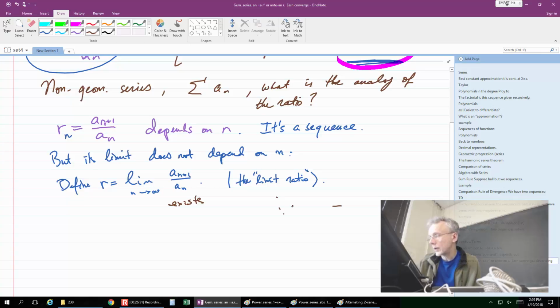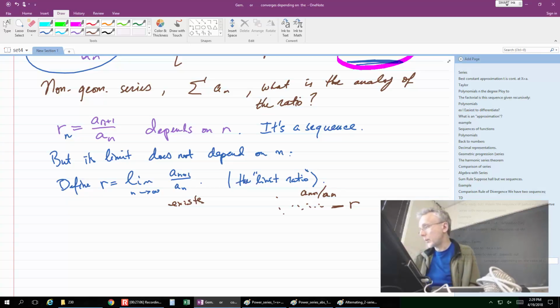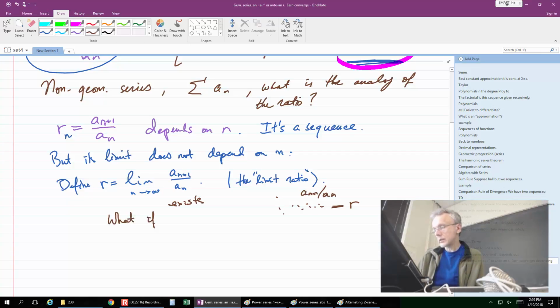These are my ratios, a_{n+1} over a_n, and they converge to this value r. In what manner is not really important, but it is interesting what happens if that number r is less than 1.